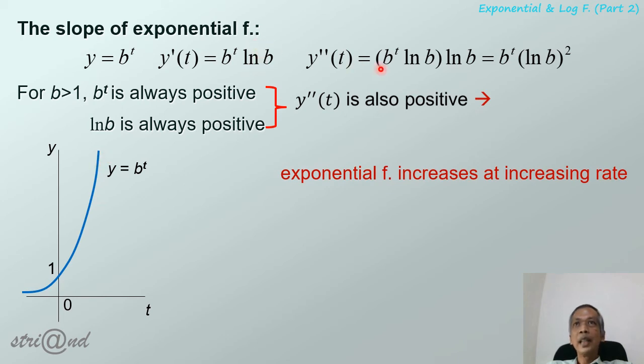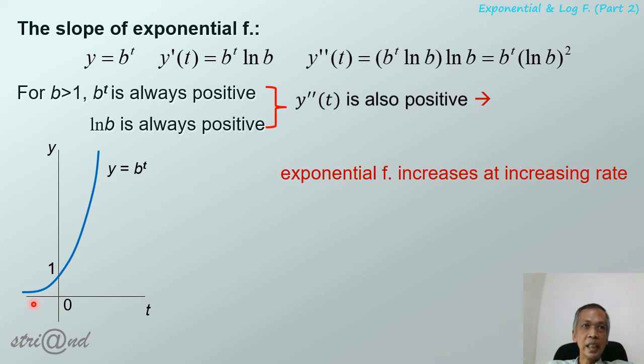And then when the second derivative is also positive, it shows that the first derivative, the slope, must also be increasing. So when the second derivative is positive, we can conclude that the slope of this exponential function increases, or the exponential function increases at an increasing rate.